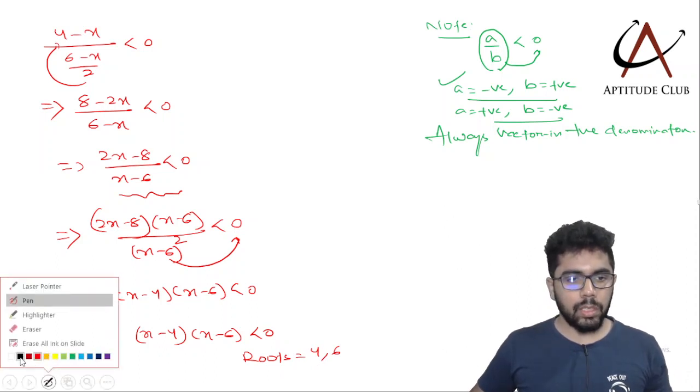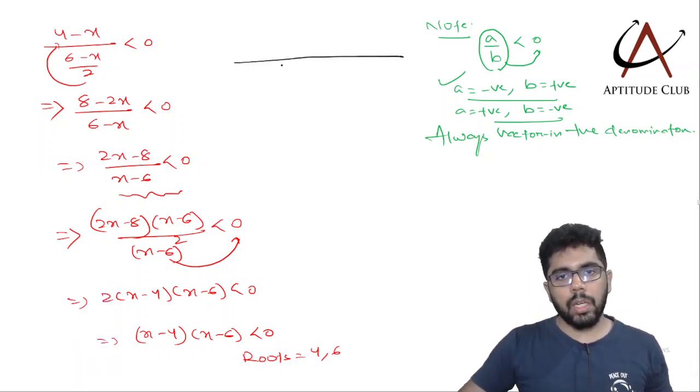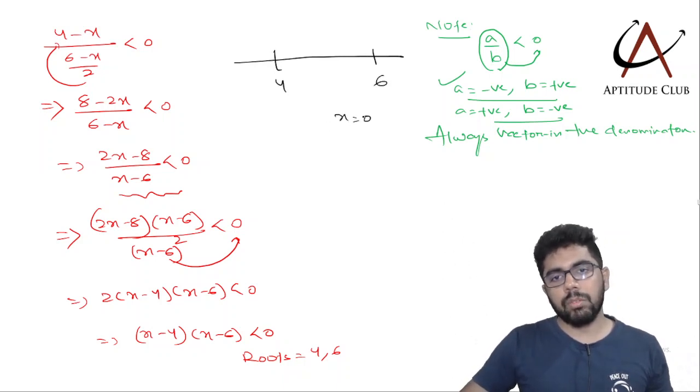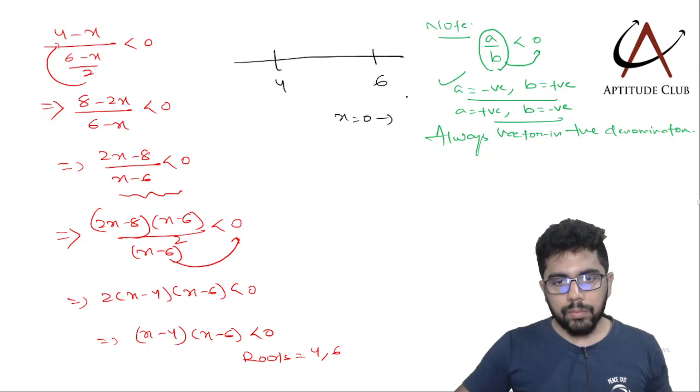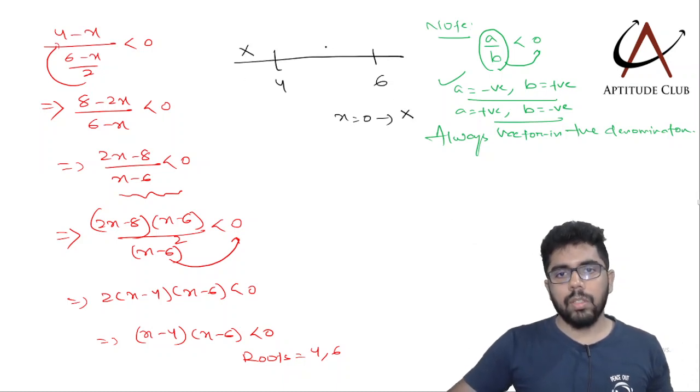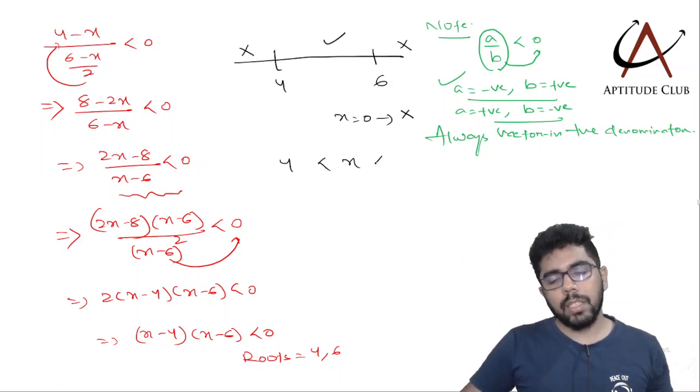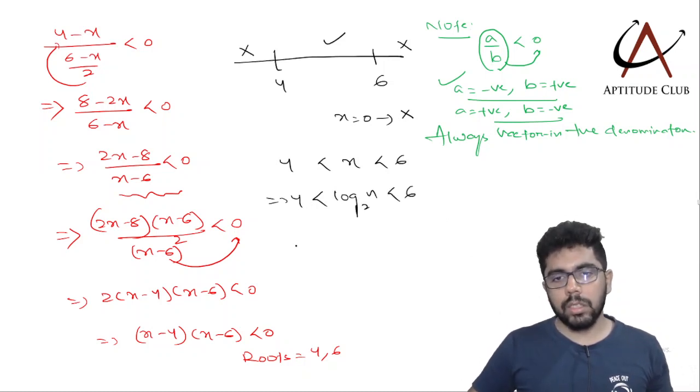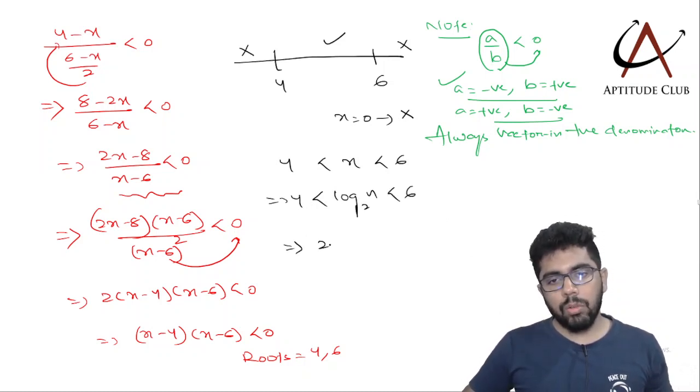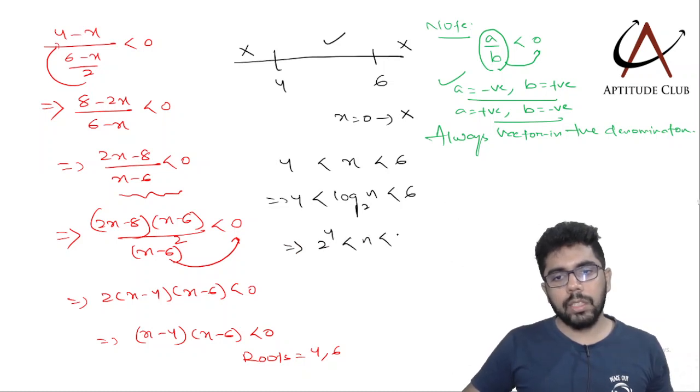Now just use that. If I put 4 and 6 on the number line and then check with x equal to 0, does it satisfy? No. So this region will satisfy and this will not. So I get 4 less than x less than 6, which means 4 less than log to the base 2 of n less than 6, or 2 to the power 4 less than n less than 2 to the power 6. 16 less than n less than 64.